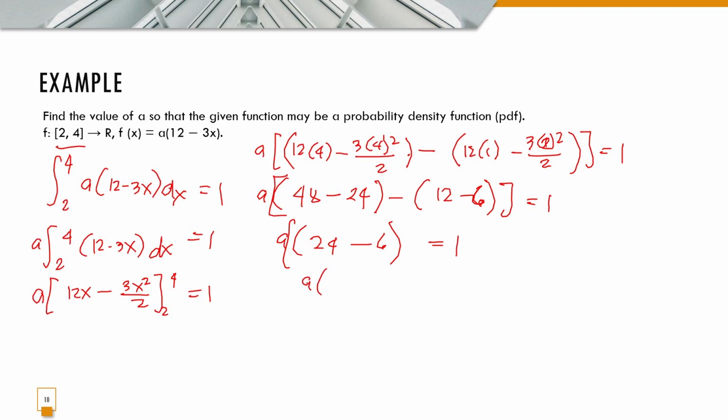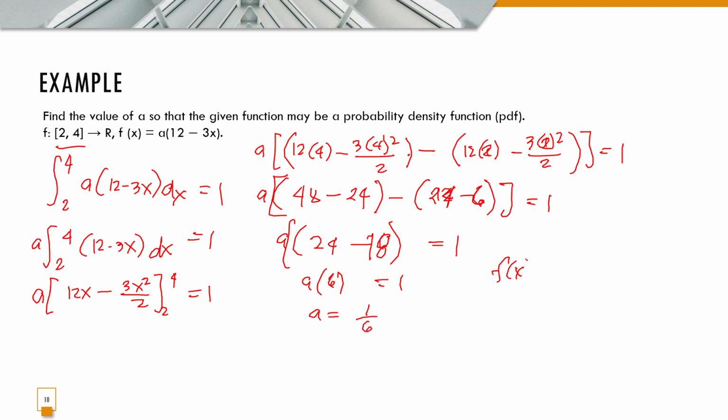So a times, 24 minus 6, that is equal to 18. So a times 18 is equal to 1, so a is equal to 1 over 6.